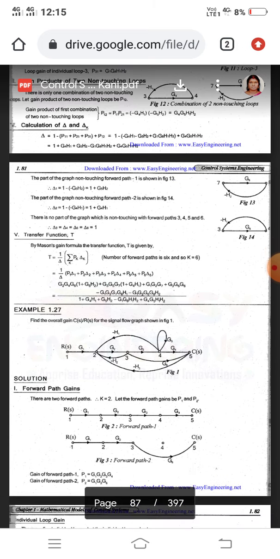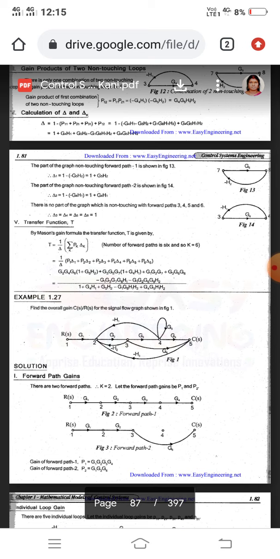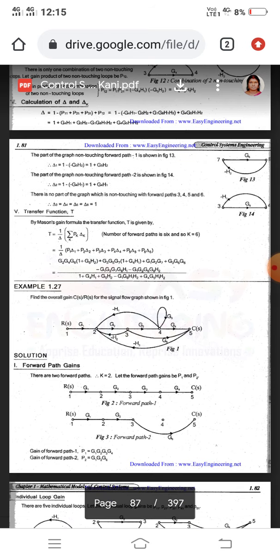Finally we get G2, G4, G6 into 1 plus G5H2, plus G3, G5, G7 into 1 plus G4H1, plus G1, G2, G7, plus G3, G6, G8, minus G1, G3, G7, G8H1, minus G1, G2, G6, G8H2, divided by 1 plus G4H1 plus G5H2 minus G1, G8, H1, H2 plus G4, G5, H1, H2. This is the transfer function of this problem.